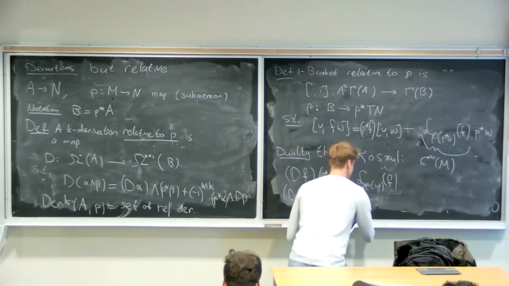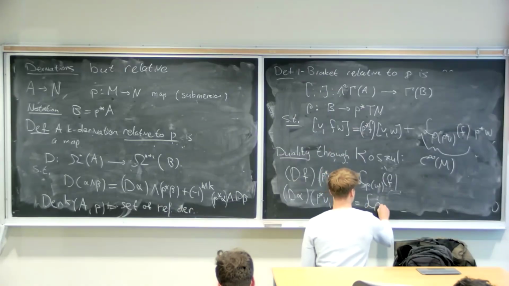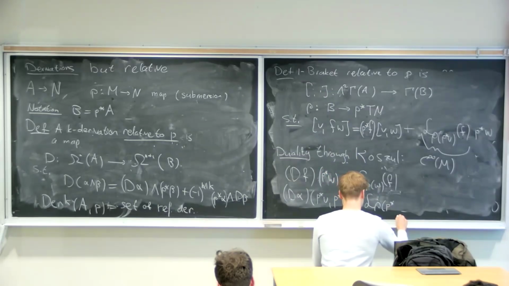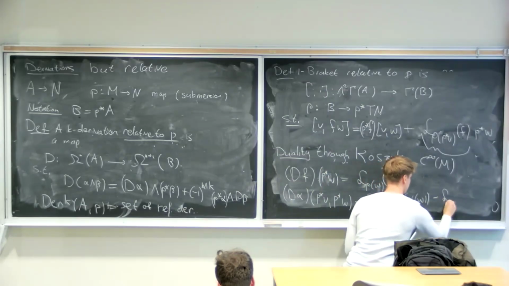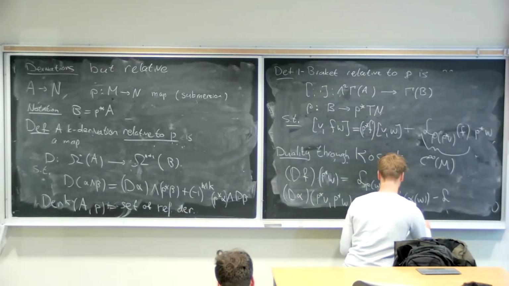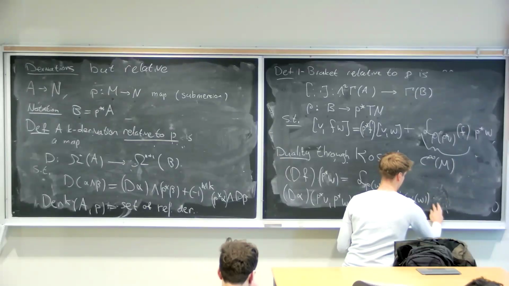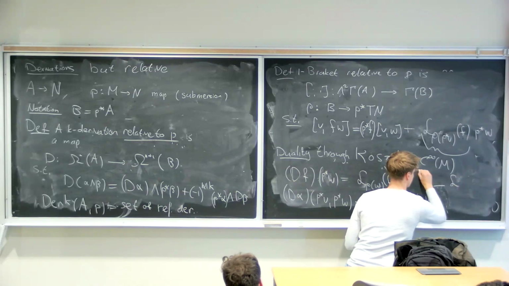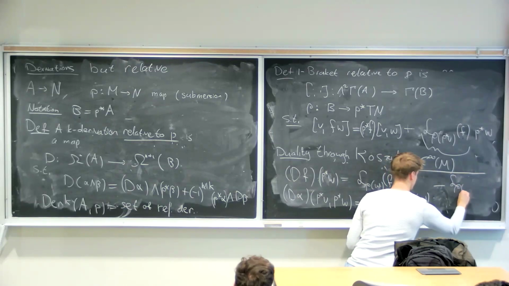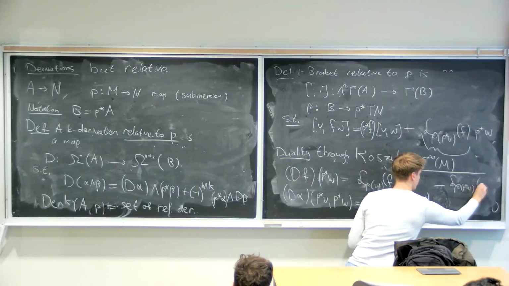This has the brackets and the anchor, so this is the rho P star v alpha w minus L rho P star w alpha v.